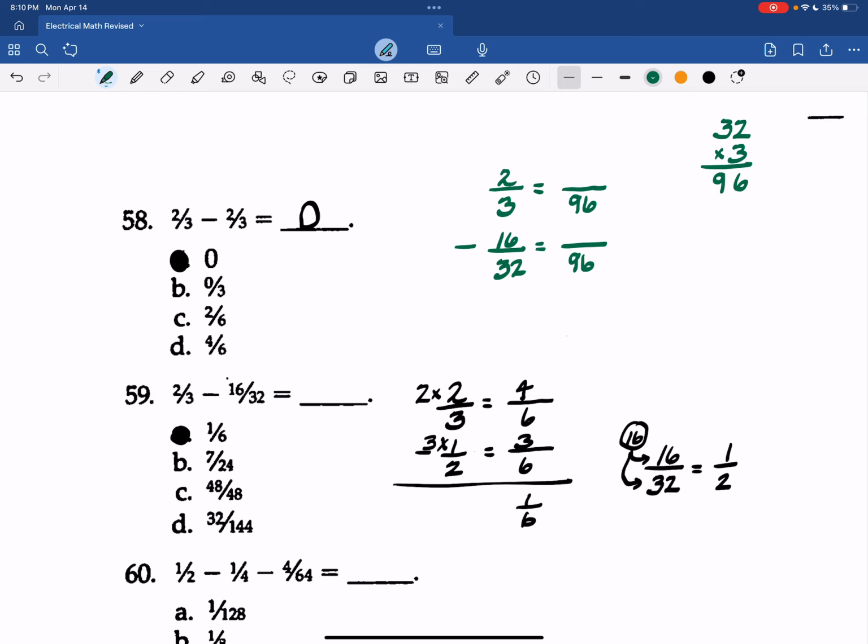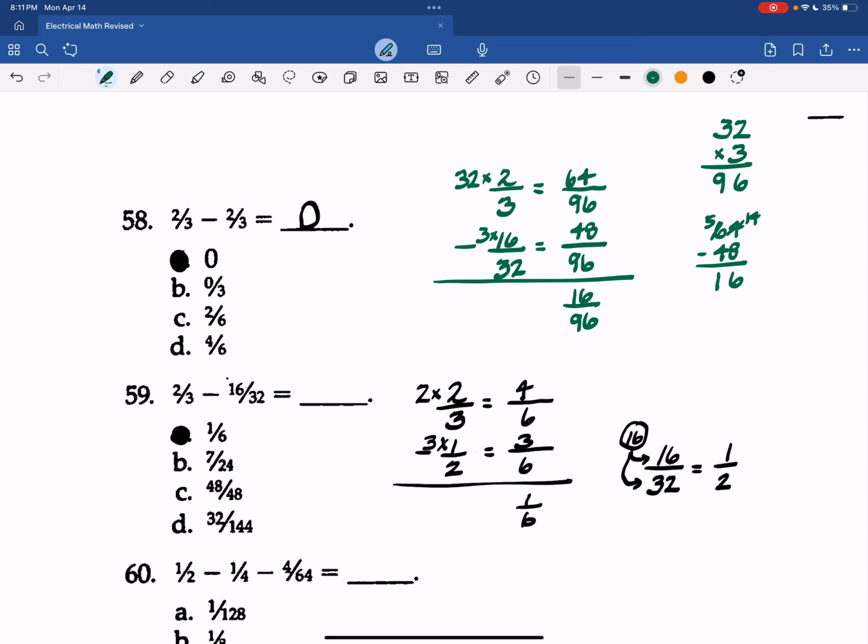3 into 96 is 32, and 32 times 2 is 64. 32 into 96 is 3, and 3 times 16 is 48. And if you subtract those, do it right here. I would hope to have a calculator on this one. I'm lazy now. It used to be that I did everything without a calculator.